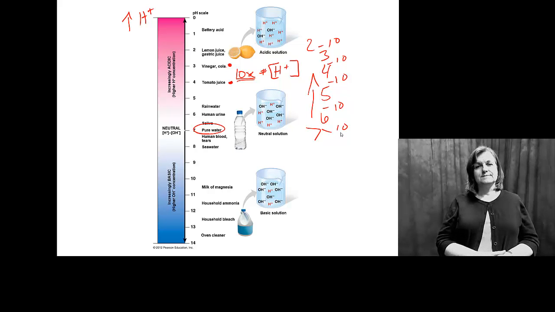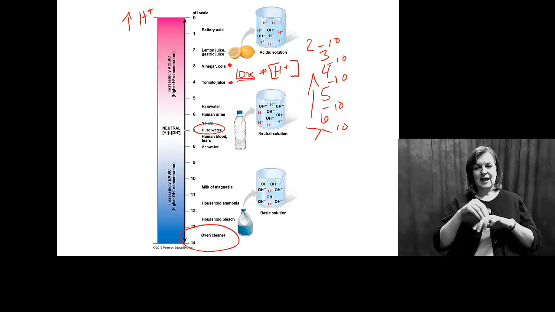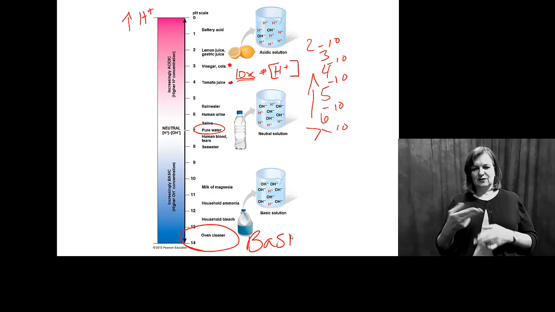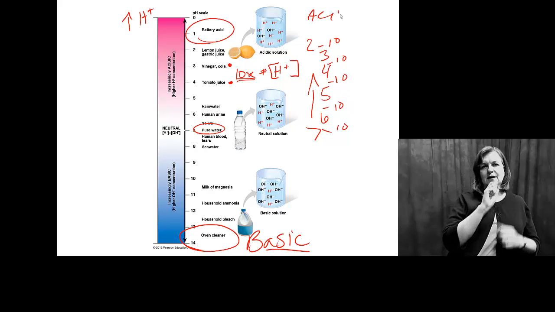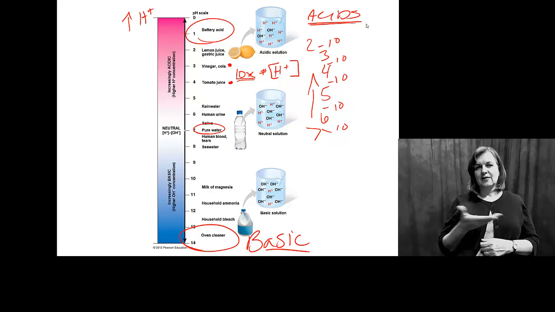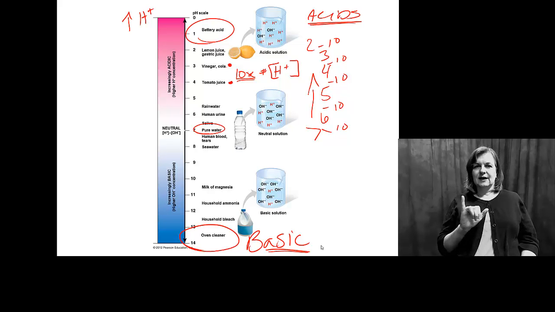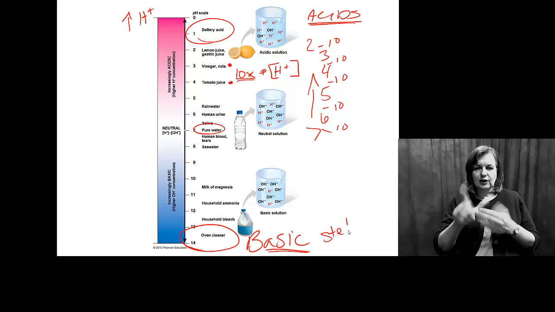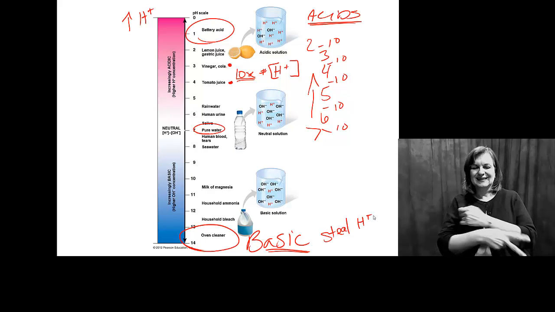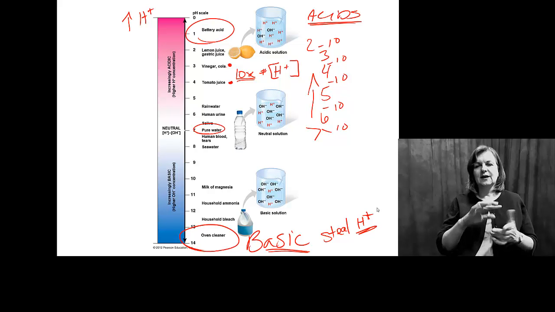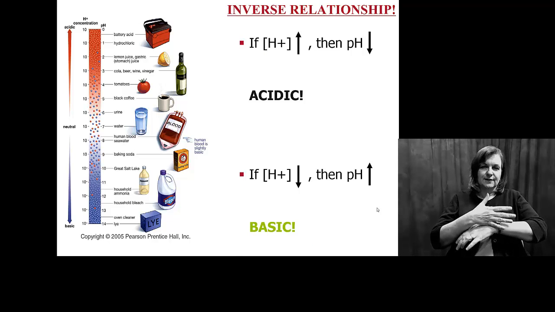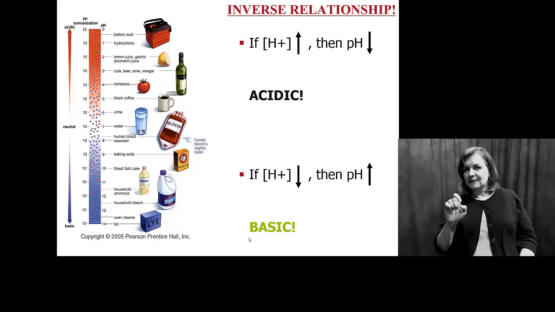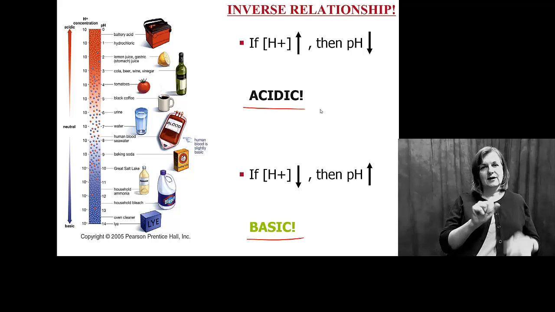And what we look at is the fact that things down here at pH of 14 that we call basic are just as dangerous as these things at the top that we call acids. And the reason is things that are very, very basic, like oven cleaner, are trying to steal H+. And when they do, it can be very, very dangerous for you. So we can actually get burns from things that are extremely basic and things that are extremely acidic.